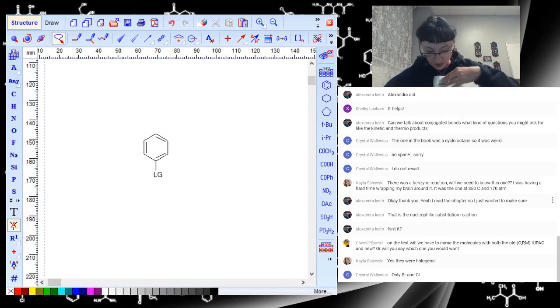The hydroxide that you're going to use, or you can use NH2 minus, so instead of sodium hydroxide, you could use sodamide. The strong base is going to deprotonate the carbon alpha to the leaving group, the same way we've done it with other elimination reactions. That's going to cave the electrons in to form a triple bond and kick off the leaving group.